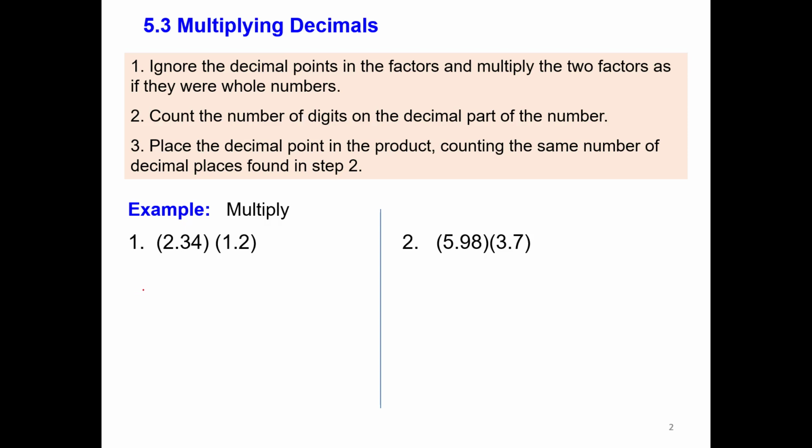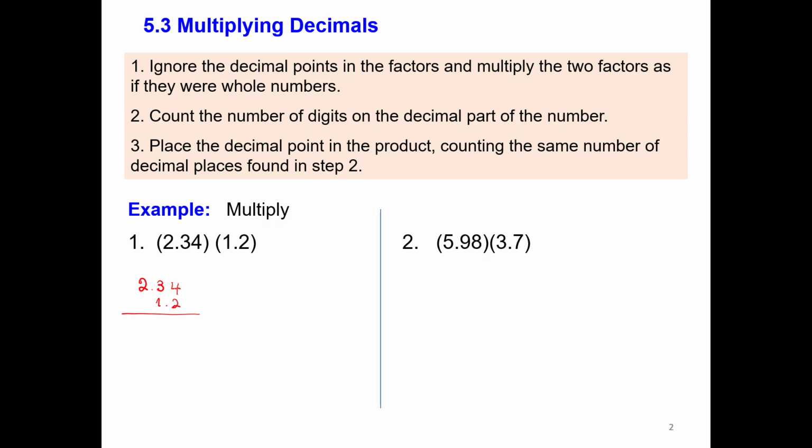We are going to multiply these two numbers ignoring the decimal point, thinking it's 234 times 12. And let's multiply the numbers.